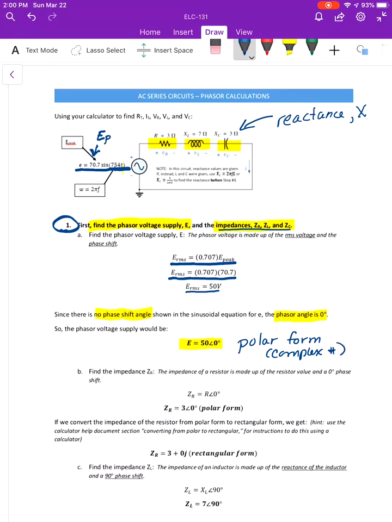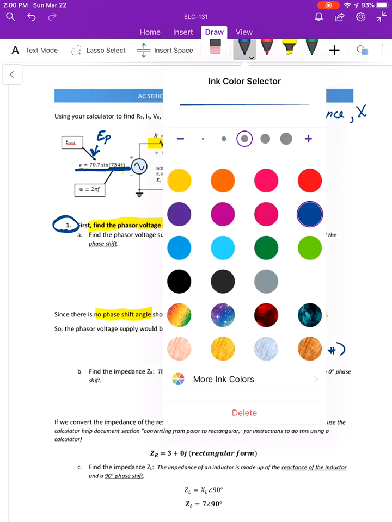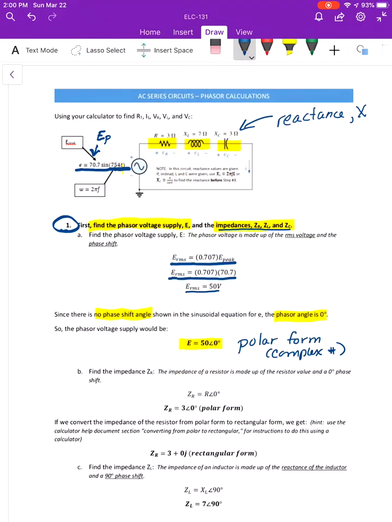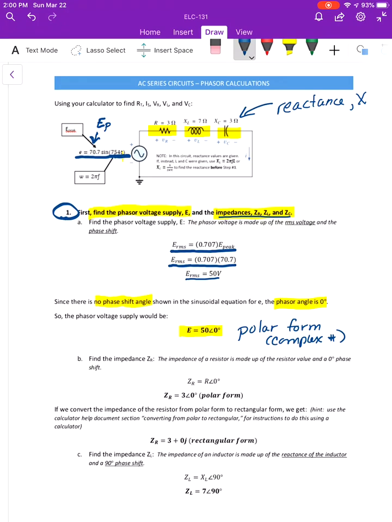Okay, so next we want to find the impedances of our components. The impedance of a resistor is always R at 0 degrees. So for that one, that's pretty easy.